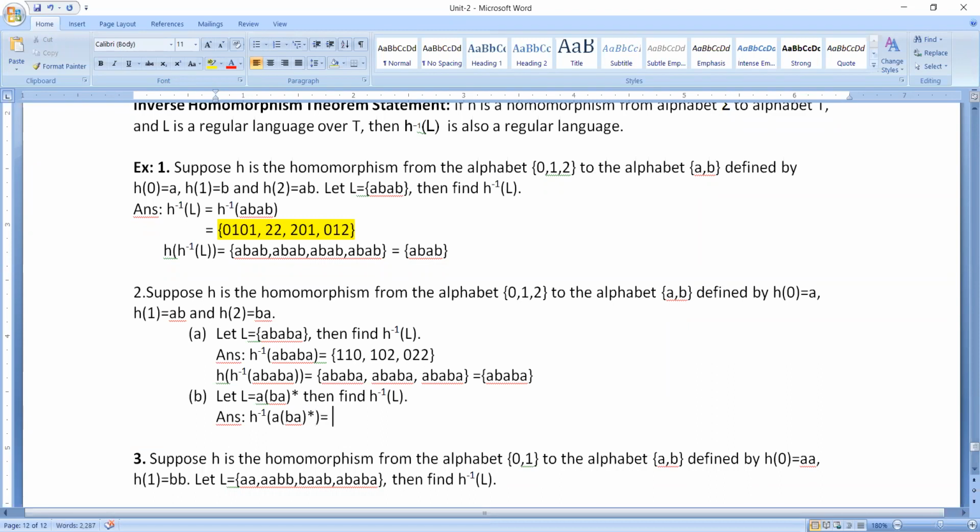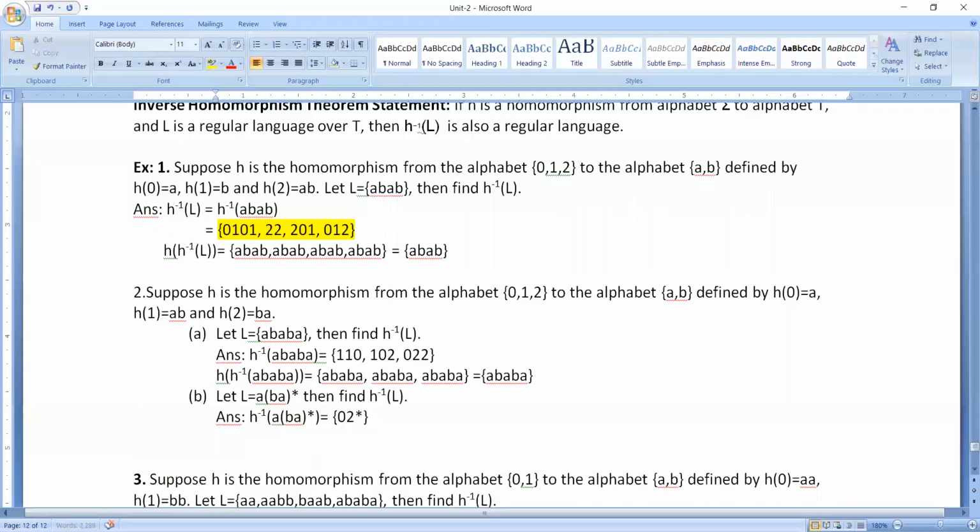Now we need to find all the possible combinations. As we are getting a clean closure here, we have only one possibility. A will be written with 0, and BA will be 2. So 0, 2 star.